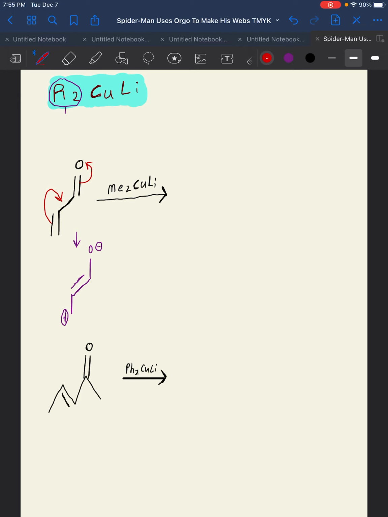And how this reaction works overall is that resonance occurs, and then the carbon chain at the front would actually act as a nucleophile, come in and attach at that electrophilic position, giving you this product overall.